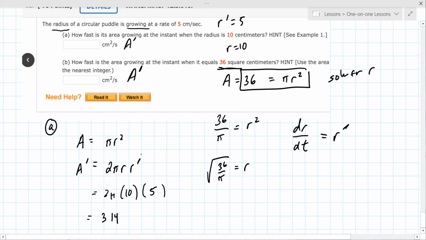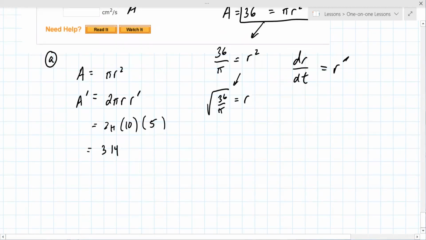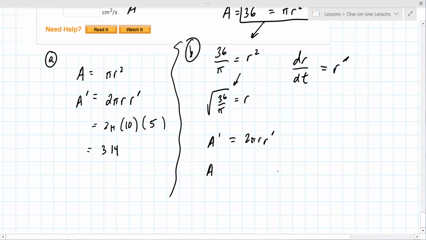So 36 equals pi r squared, and r is the square root of 36 over pi.